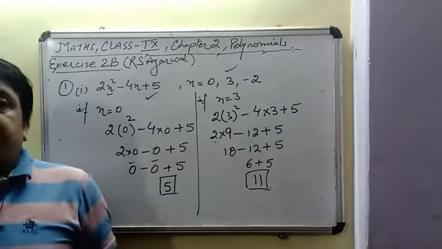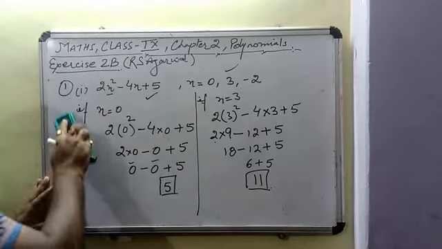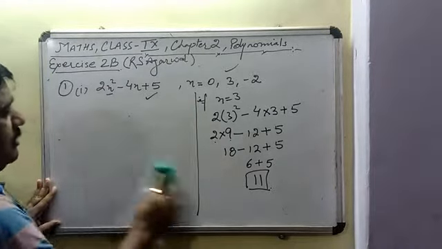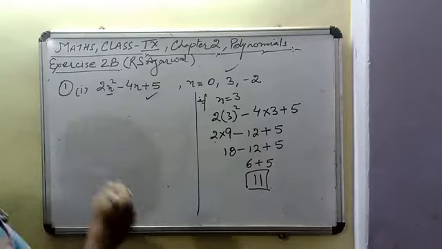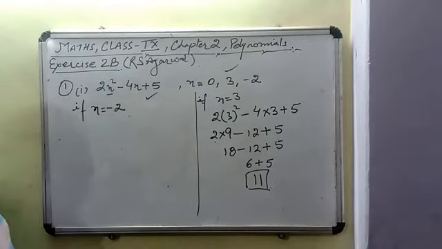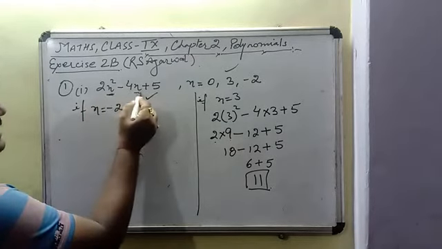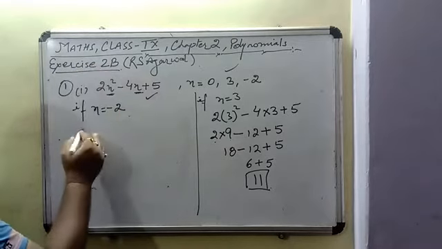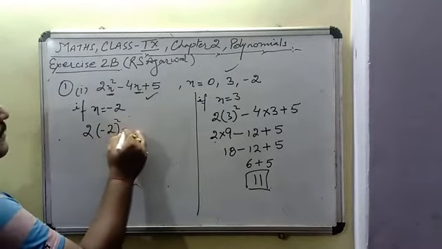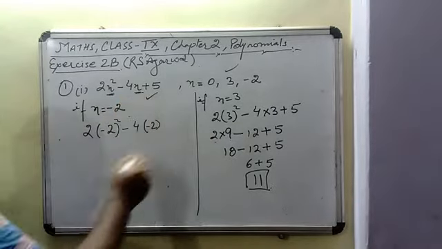Now on to the third point, we are going to put x equals to minus 2. We are going to put minus 2 instead of x in our polynomial. 2x square means 2 into minus 2 square, minus 4 into minus 2, one time x is there, plus 5.